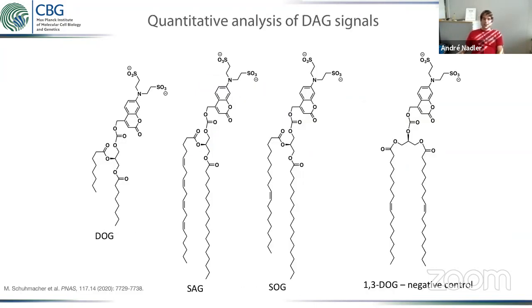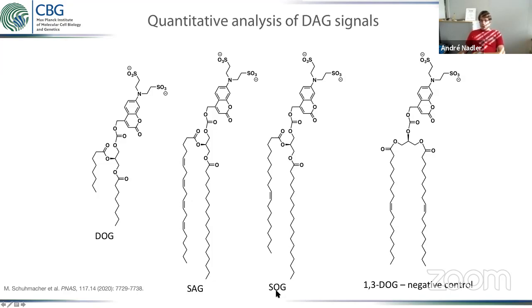So the compound set that we use is 3 different diacylglycerols. We use 1 short chain diacylglycerol as one extreme point, which has 2 C8 chains. Then we use the so-called SAG, stearyl arachidonyl glycerol, which has 4 double bonds in a C20 chain and a C18:0 chain.